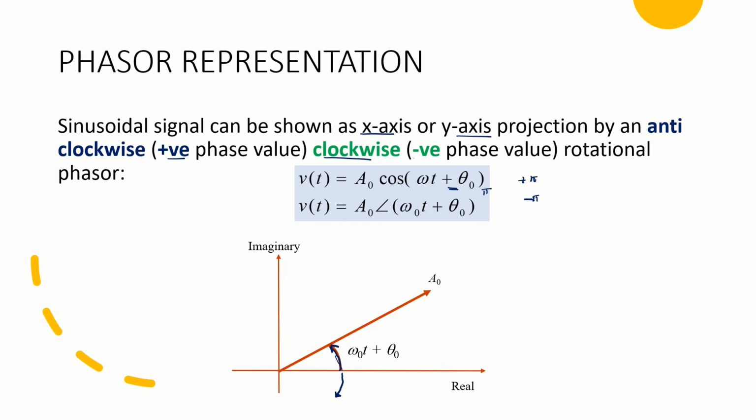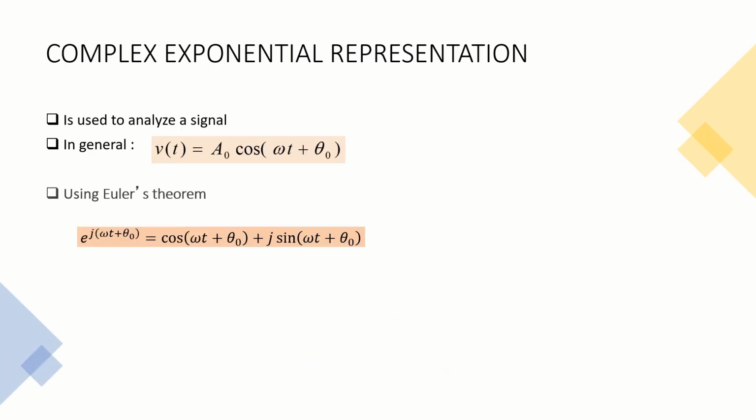Now let's look into another representation of the signal spectrum, the frequency spectrum, where the Fourier series can be represented as a complex exponential representation. Just now we discussed the trigonometric form, so now let's look into the complex exponential.